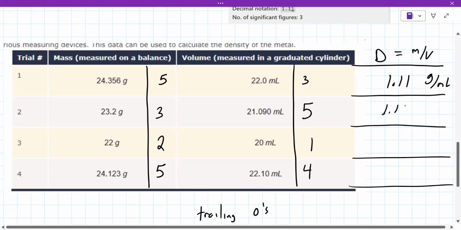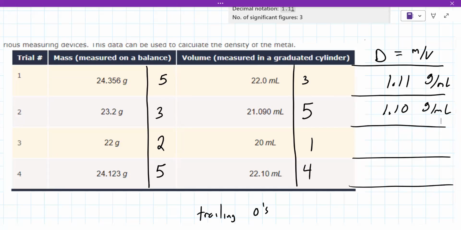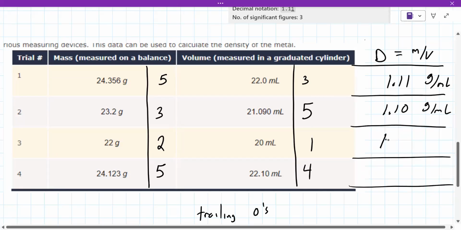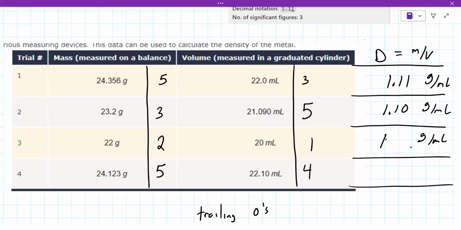So this is 1.10. And you do have to write it with that 0 because it tells you that there's 3 significant figures. This one becomes just 1 because of the 1 significant figure.